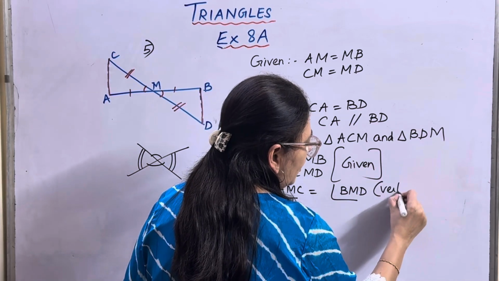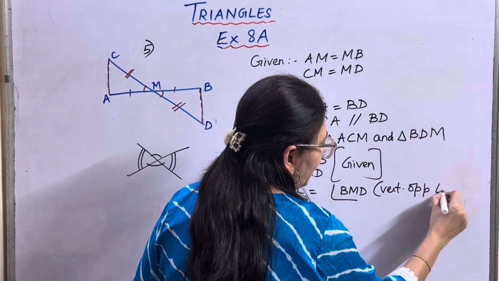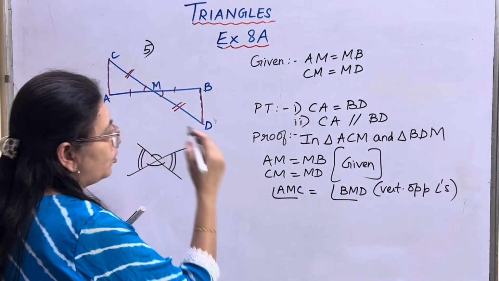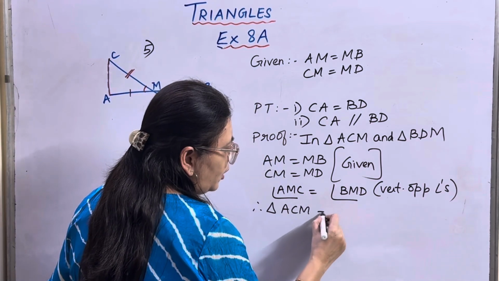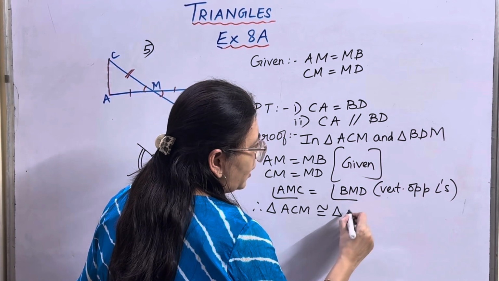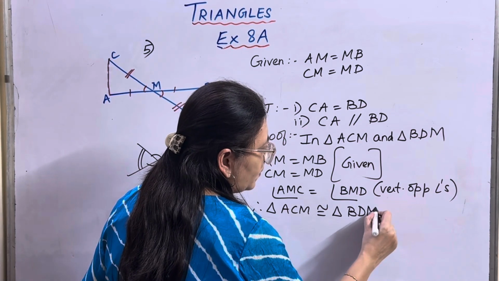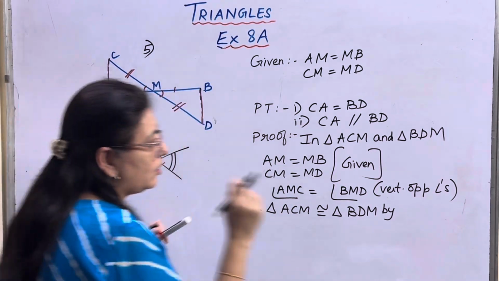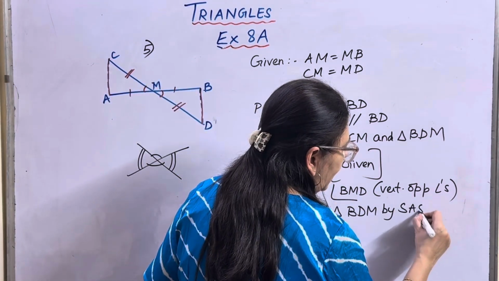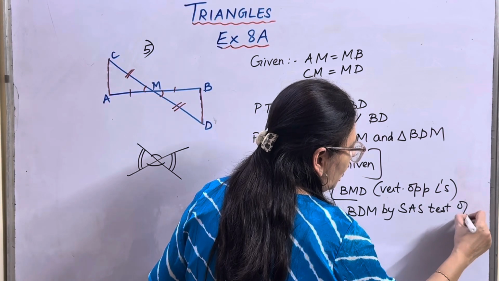Reason is vertically opposite angles. So therefore, triangle ACM is congruent to triangle BDM. By which test? Two sides and an included angle. So SAS test of congruency.